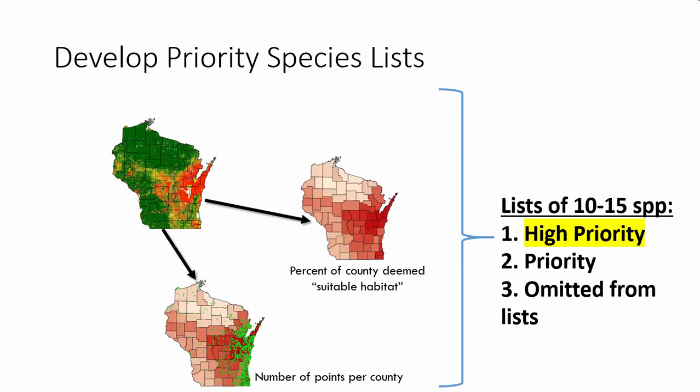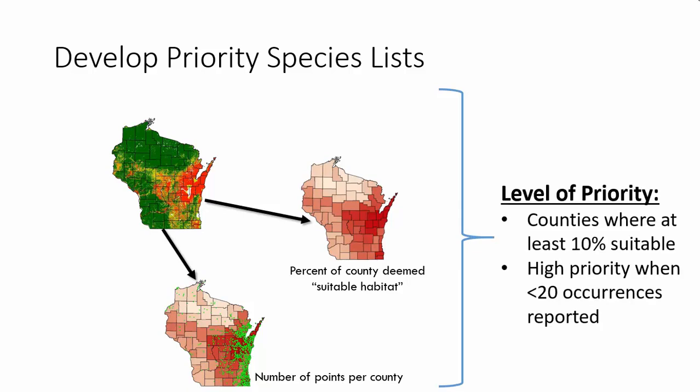We can put them onto a priority list, or we can put them into the highest priority category. And essentially the difference between those two is, where a species has at least 10% of the county deemed suitable, it is a priority species first and foremost, and then when we have limited knowledge of the distribution of that plant in a given county, say less than 20 occurrences, we place it into this high priority category.